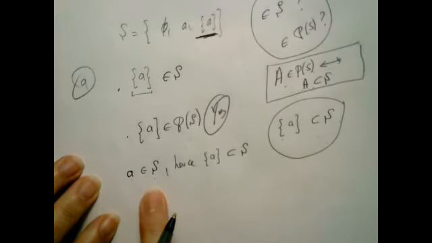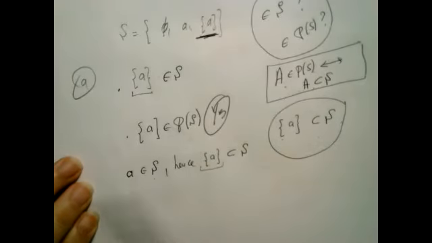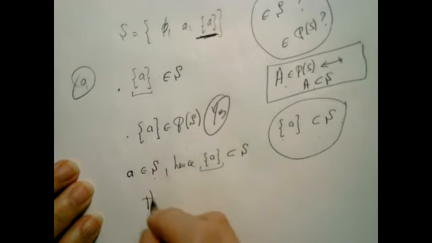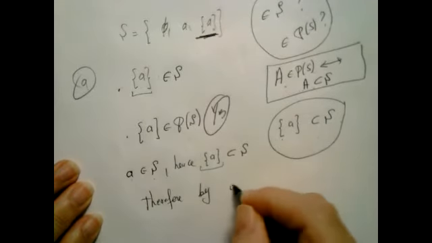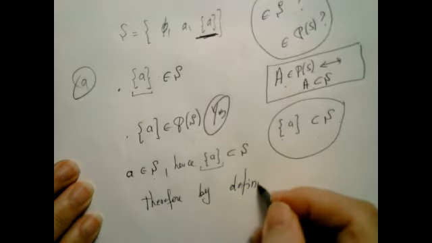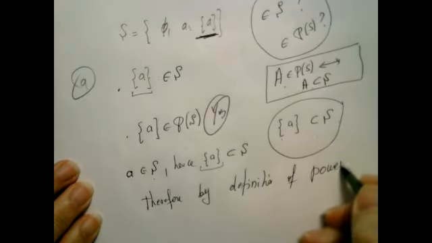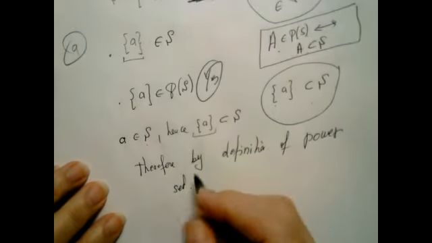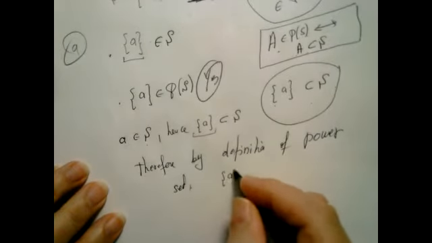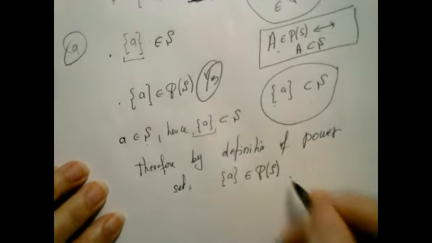A is an element, so the set that consists of that is a subset of S. That's the definition of a subset. Therefore, by the definition of the power set, that's the kind of explanation I really would like you to do. By the definition of power set, the set containing A is an element of the power set.